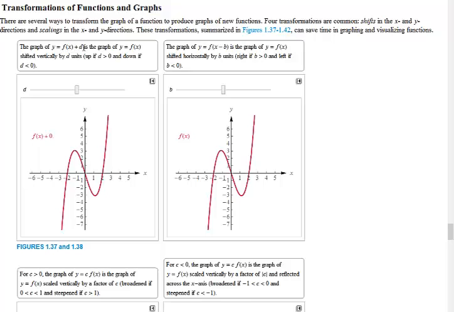So adding on the outside is a vertical shift up or down. Oh, that's what it says right there. Notice that this is something on the inside being added, and they did a subtraction, which is kind of a little weird. Notice that this left-right shift is backwards, because if b is positive, meaning x minus some number, it moves to the right.